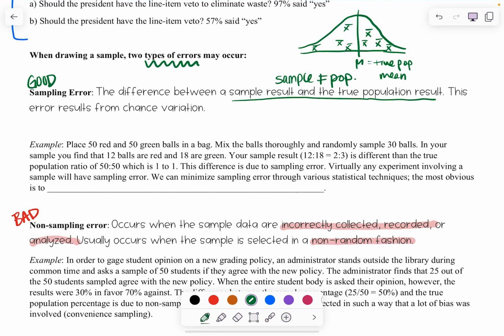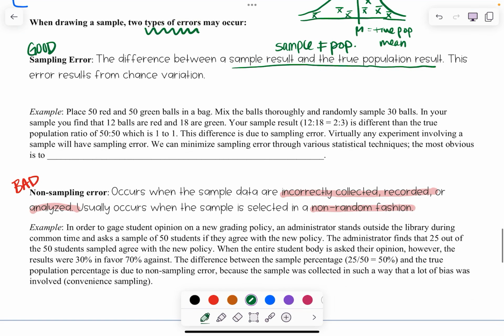Now, one way that you can fix this, just in general, if you think that your samples are way off and they're not representative, but you're doing everything right, is you can go in and you can increase your sample size. So this little prompt is talking about collecting colored balls from a bag and trying to find the true proportion. Usually doing a small sample is not going to work because you're going to get a ton of variability.